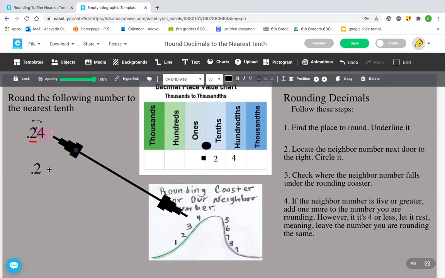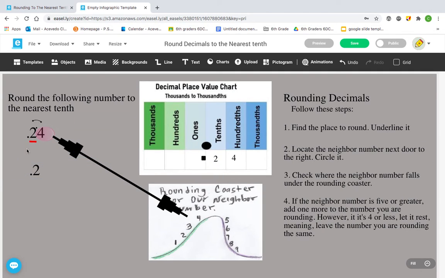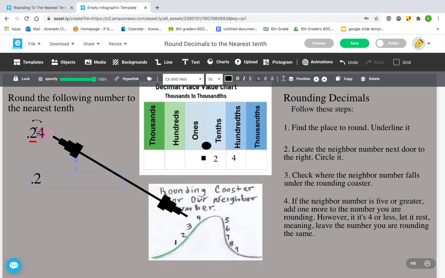Why is that? That's because 0.24 has a neighbor number of 4 or less, and that means that the number that we are rounding stays the same. It doesn't change.